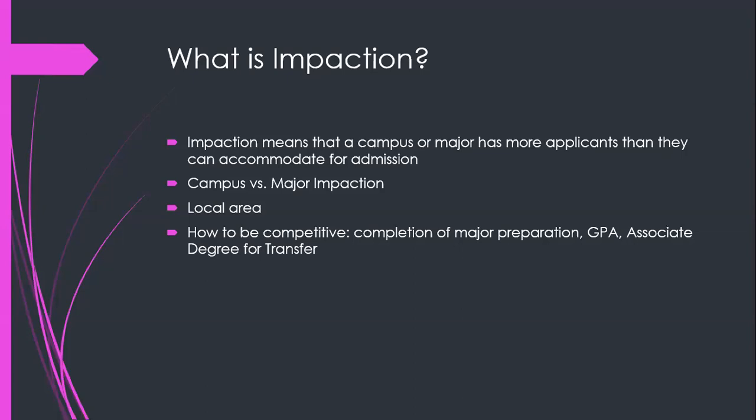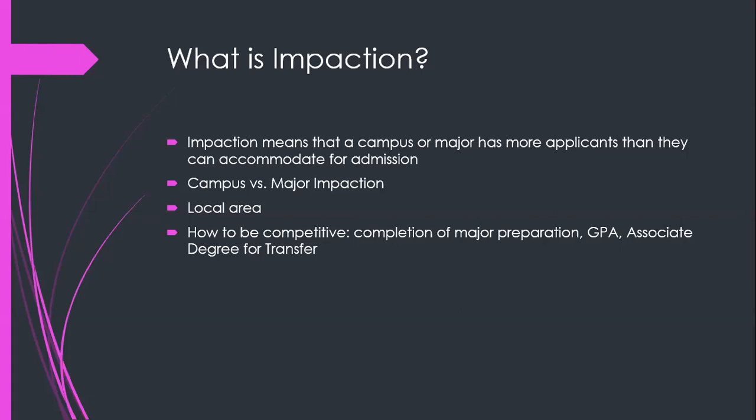So what is impaction? Impaction means that a campus or a major has more applicants than they can accommodate for admission. So some majors, let's use Sac State as an example. Sac State's business major is very popular, and they have more applicants that apply to that major than they can actually accept.